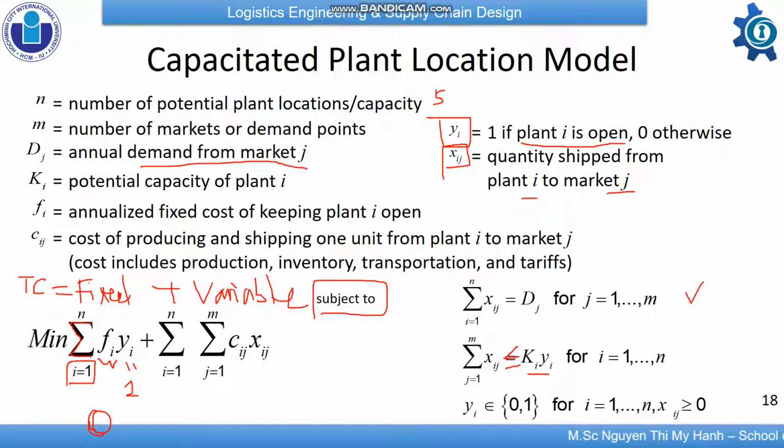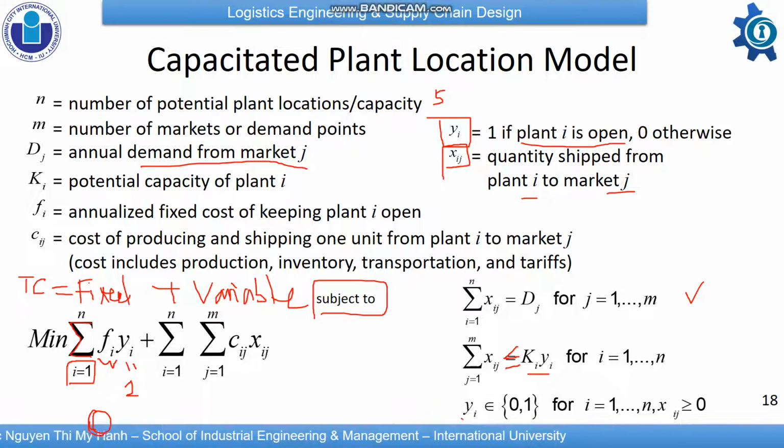So the total quantity shipped cannot be larger than the capacity. And the binary variable yi belongs to 0 or 1.